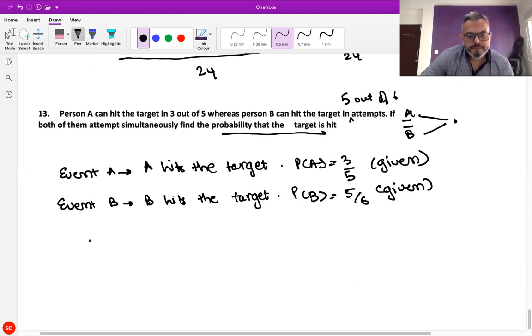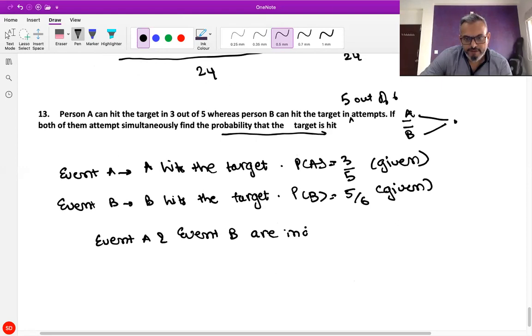Then event A and event B are independent events.